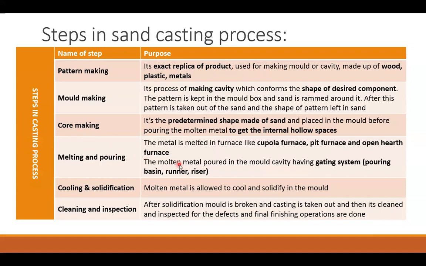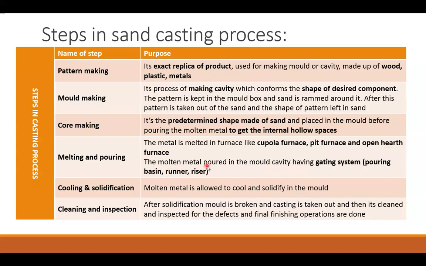The next step of the sand casting process is melting and pouring. The metal is melted inside the furnace. The different furnaces which are used for melting the raw material or the metal are the cupola furnace, pit furnace and open hearth furnace.